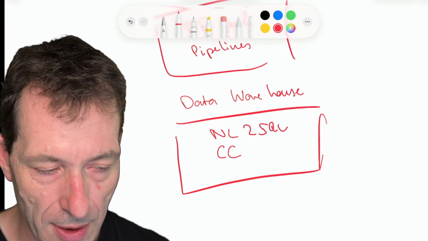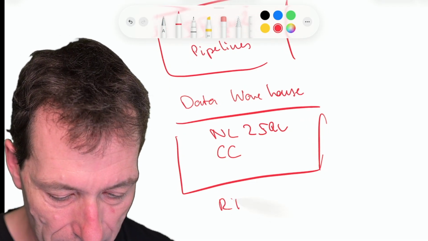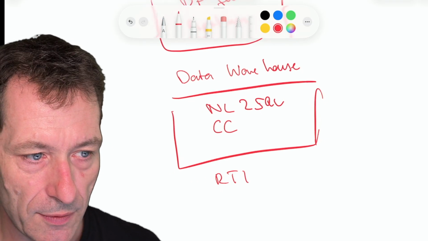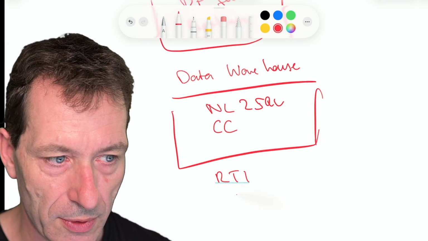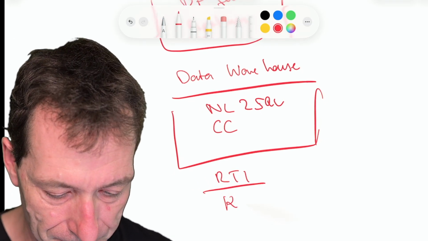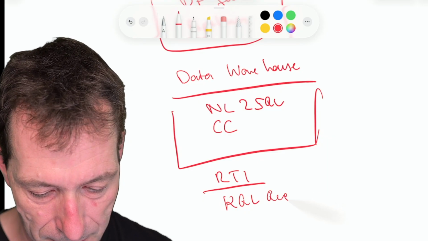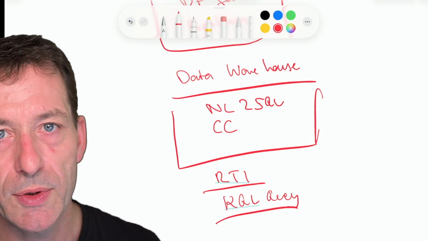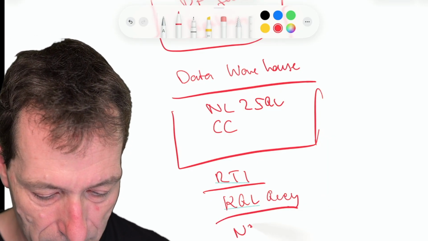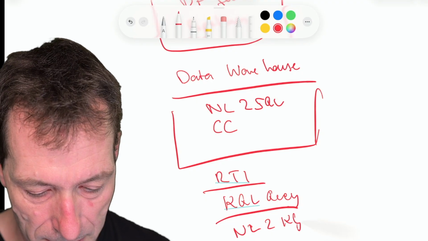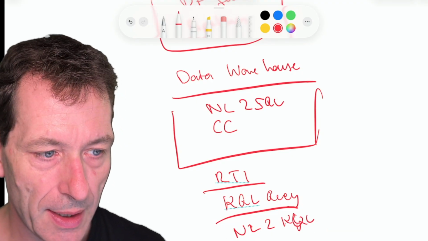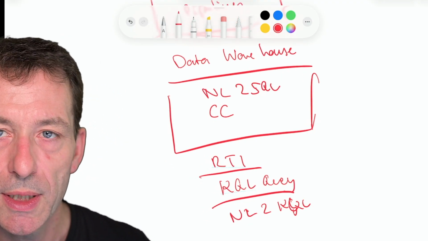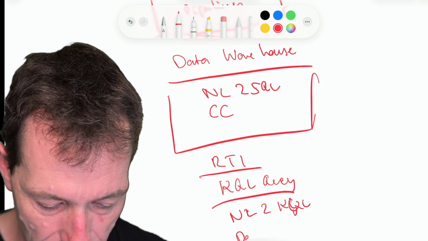You have also RTI, real-time intelligence. There you can use Copilot for the KQL query set. So you can have natural language to KQL, and you have query generation, and you can auto-generate dashboards.